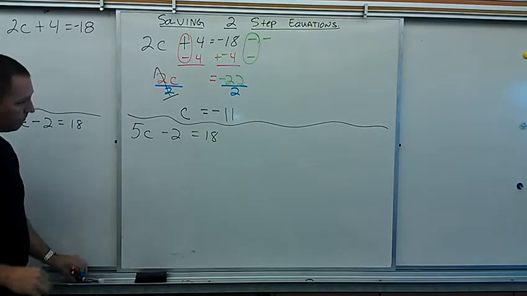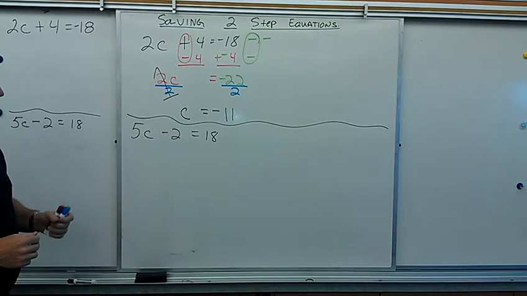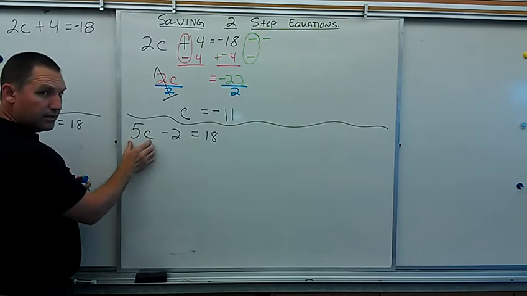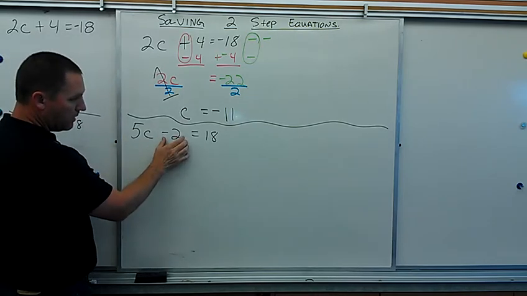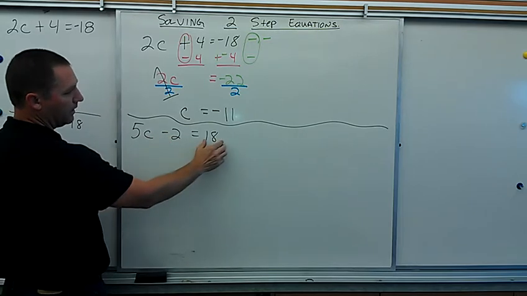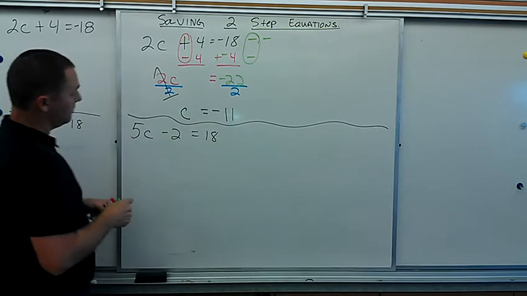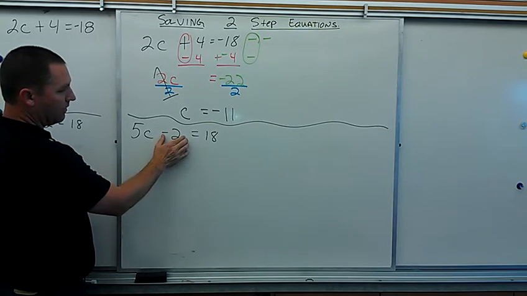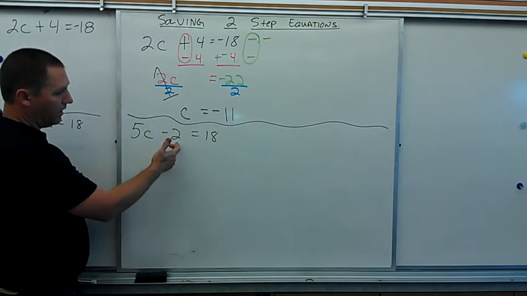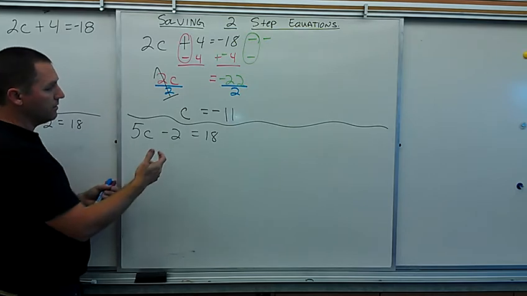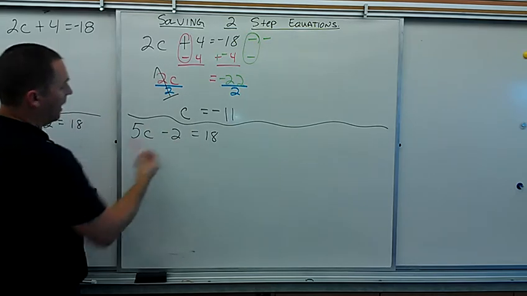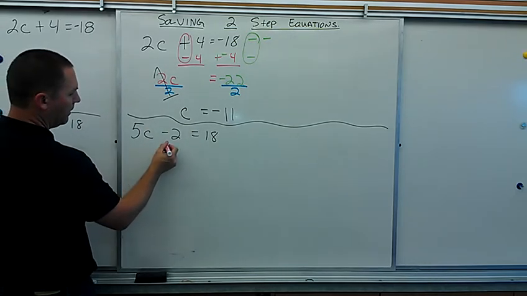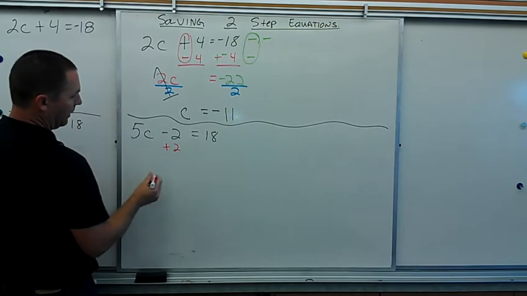Okay, once again, we have a two-step equation to solve. 5 cups in this case. This one we're missing a couple of extra beans from this side, and on this side we have 18 beans. So, just like the last time, I always want to get rid of the beans that are on the outside. This time I'm trying to get rid of negative beans. To get rid of negative beans, I have to do the opposite of that, and the opposite of negative beans would be adding beans, or positive beans.